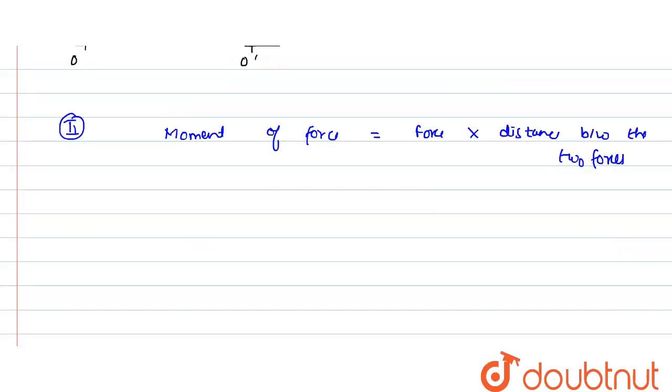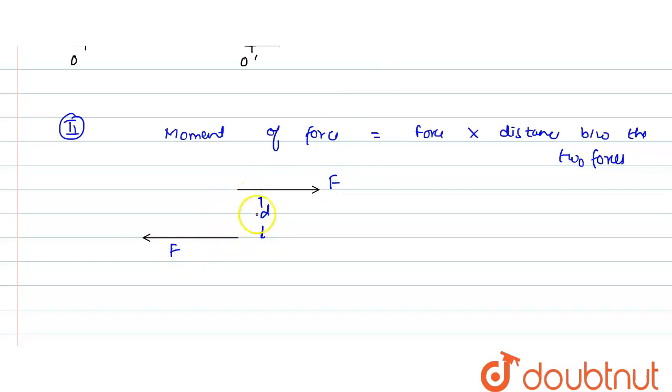For example, if this is one of the forces and this is another force, it would form a couple when the forces are equal, opposite in direction, and separated by a distance. Let's say the distance is d.